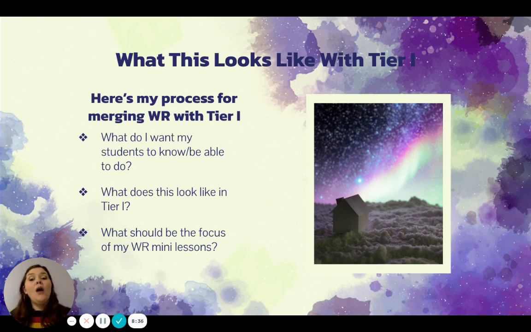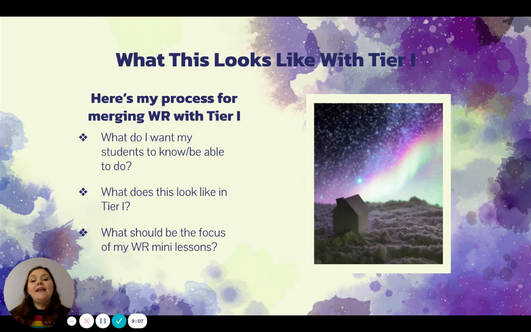So I think about what my students need to know and what they need to be able to do by the end of that unit. Then also, what does this look like in my Tier 1? Now, it could also be something that my students have demonstrated through their work, that I can see my students need additional practice with XYZ, and so I can integrate that in my unit. But because I'm actually planning for my unit, I can see where that would best fit in.